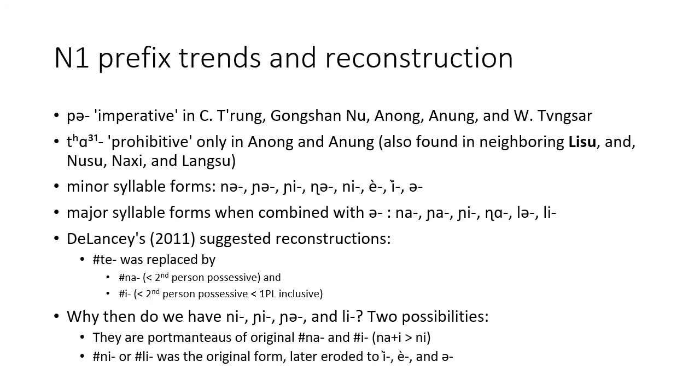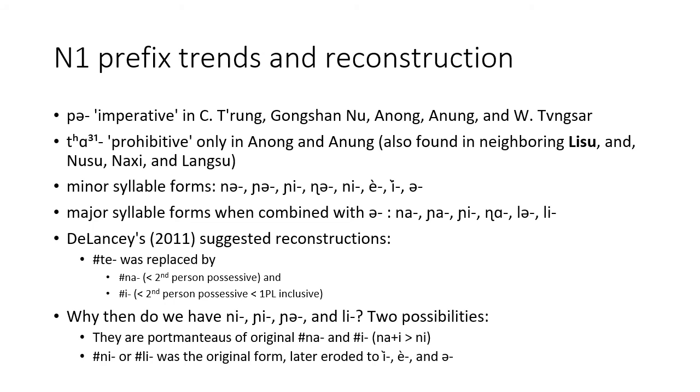Then we have the minor syllable forms na, nya, ni, na, ni, a, e, and a. And major syllable forms, when combined with a, we have na, nya, ni, na, la, and li.